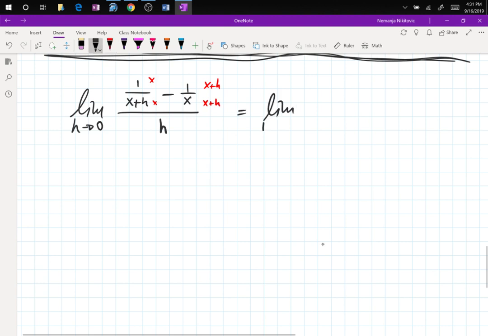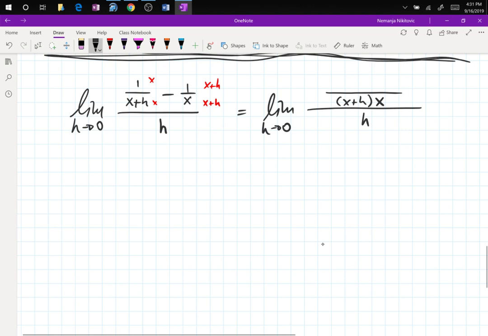So we have limit, h goes to 0, and now I have x divided, hold on, the main division line, and then h on the bottom. There we go. So we have the common denominator now of x plus h times x, right? That's the common denominator.